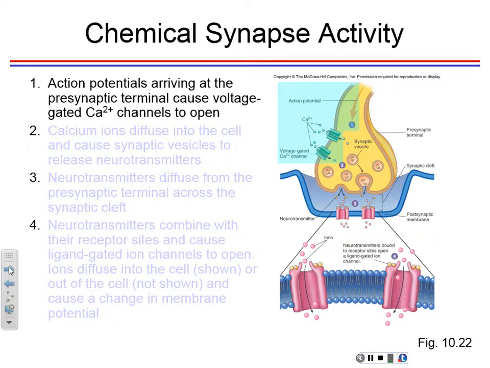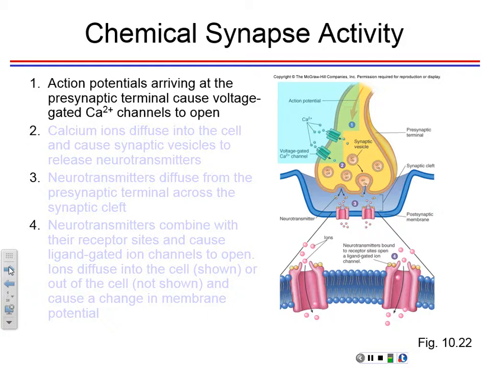But today we'll talk about those events briefly and talk about what happens in the postsynaptic cell. Because it could either be inhibited, which is an inhibitory postsynaptic potential, or it could be excited or stimulated, which would be an excitatory postsynaptic potential. So we'll focus on what's happening after the synapse today.